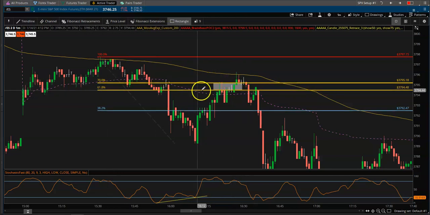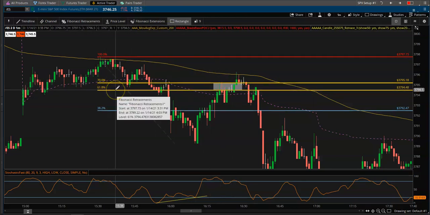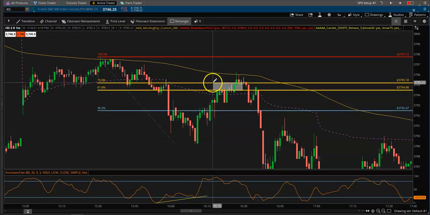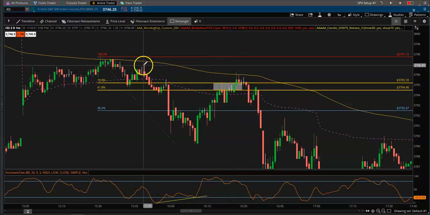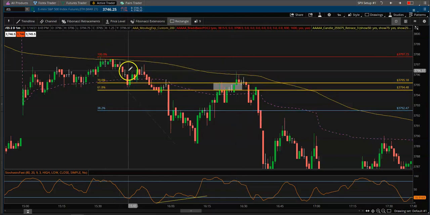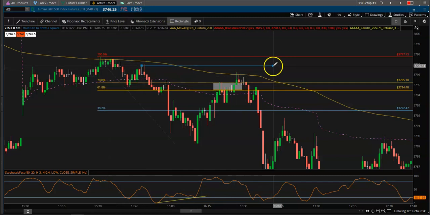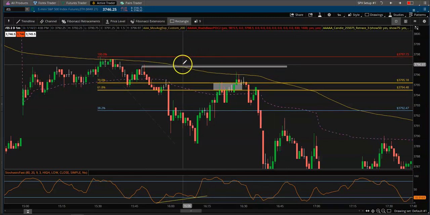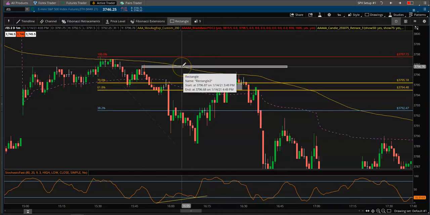And what I like to do is maybe enter part of the position at the 61.8, add to the position up at the 70, and then maybe add a little higher, maybe up around this level, right? A prior swing high. But just in case it goes up, I can look for maybe the 85 or 90, right?